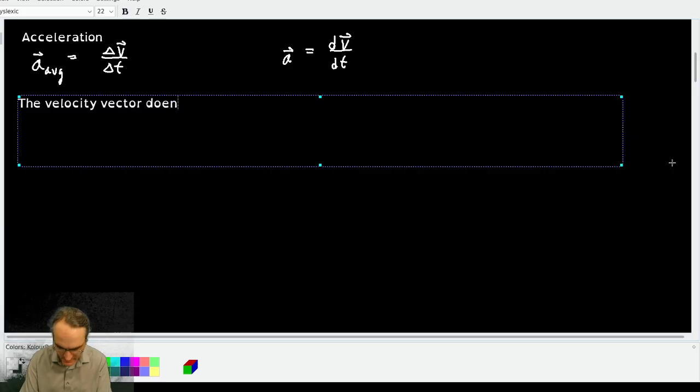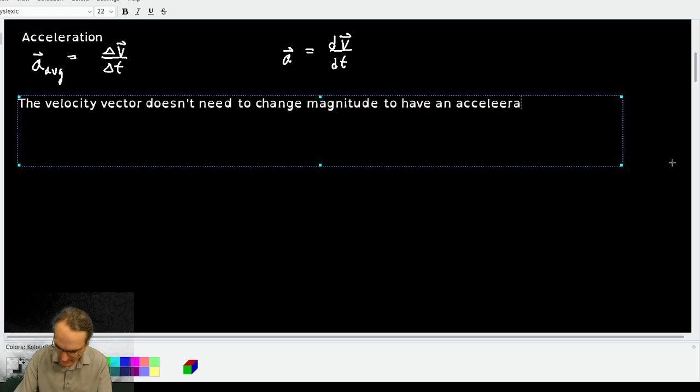The velocity vector doesn't need to change magnitude. That is a very interesting note. You can have a constant speed, but as long as your direction is changing, you will still have an acceleration.